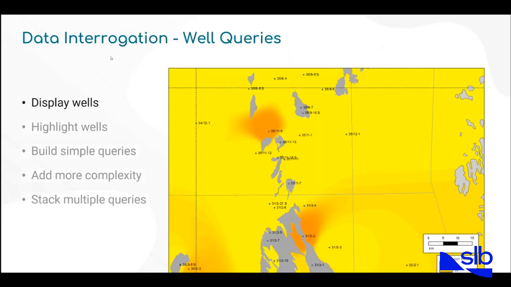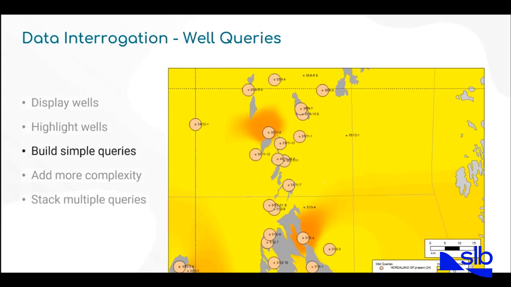So, well queries. This is where you get to use the queries to display the wells. So you can ask a question of the data of the wells and say, right, show me the wells that are exploration wells. Okay, great. There's only 3 of them there, right? It cleans up your map display. But then you can also use it to highlight the wells.